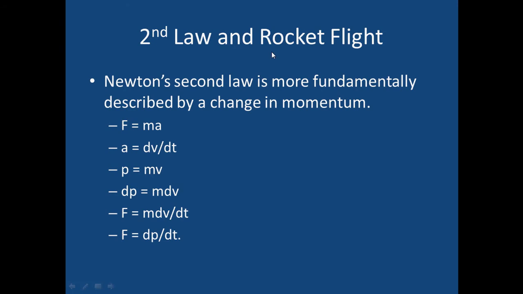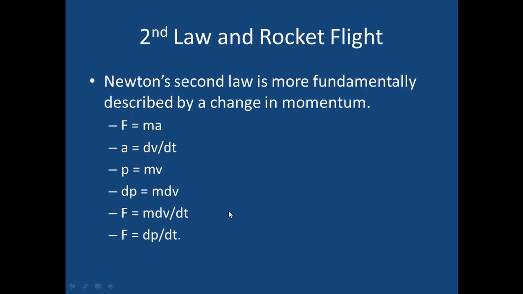Now I'd like to talk about his second law, and it's actually more fundamentally stated as a change in momentum. So here I have, these aren't negative signs, by the way, those are just like a bulleted thing here. But anyway, starting with force equals mass times acceleration, remember that acceleration is a change in velocity, and here this quantity momentum is mass times velocity.